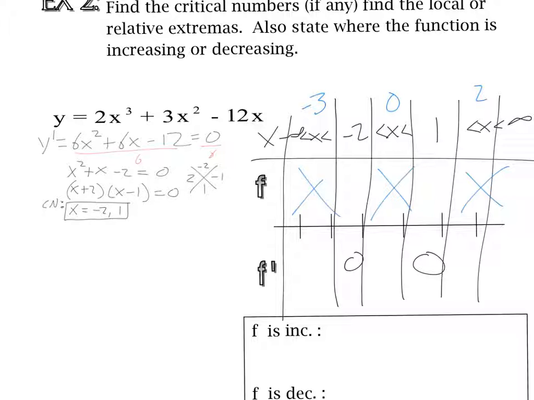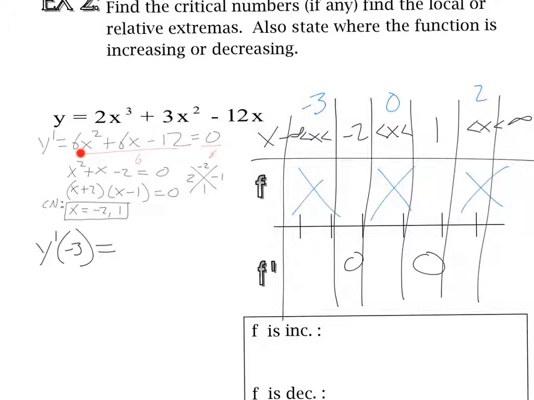Now, we need to evaluate whether or not these three locations are positive or negative using the values we chose to represent those intervals. So let's do -3 first. We're just plugging it into the derivative, and we want to plug it into the original derivative. And honestly, I'd use a graphing calculator for this.